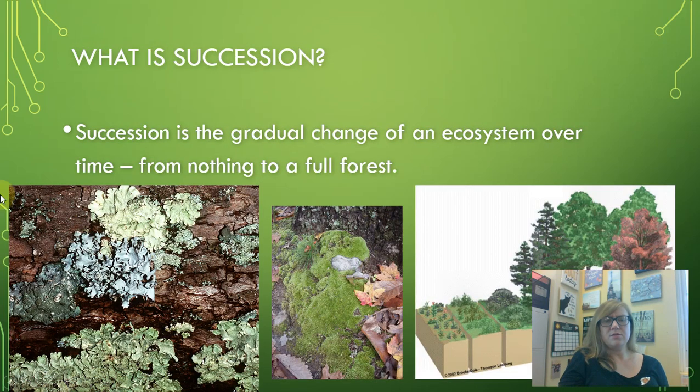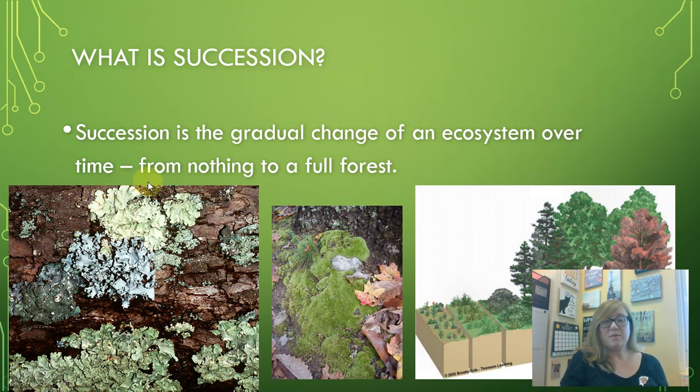Let me go back here. There we go. So let's take a look at primary succession and the steps that happen. So you have this bare rock face. Well, I can't grow a plant or grass or a flower in just rock. I need dirt. So certain creatures will come in and they actually weather, which means break down the rock.